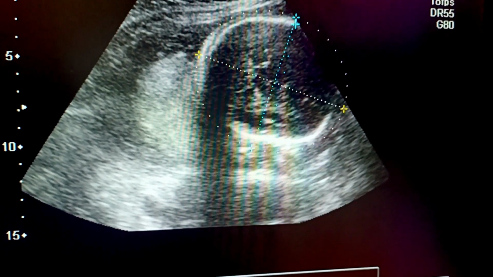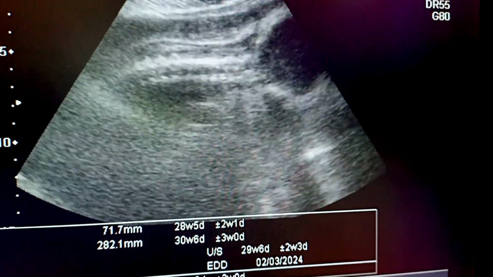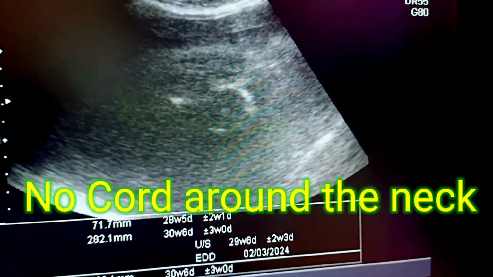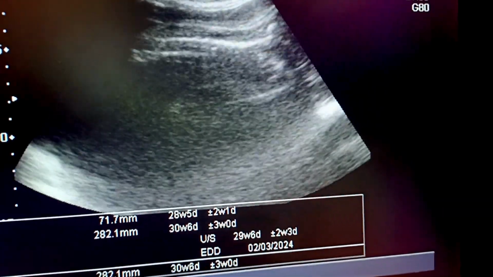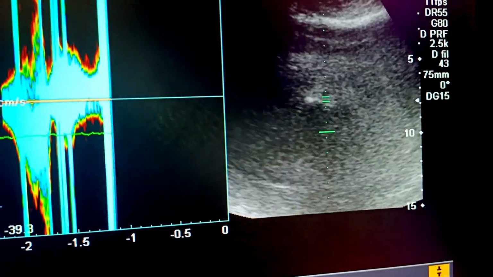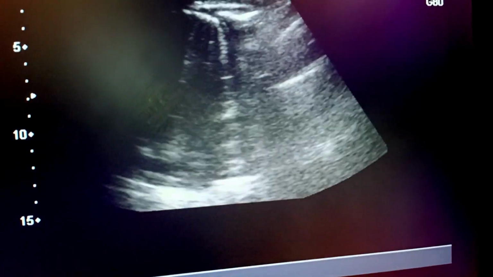You can measure the BPD and the HC at the level of the hypothalamus. There is no cord around the neck. You can do a power Doppler study to check for cord around the neck, which is very important in deciding the future outcome of the pregnancy.